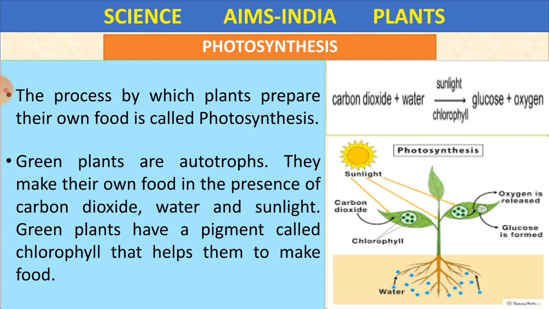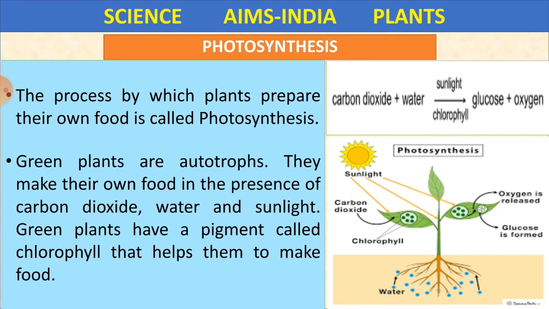And they make their food in the presence of carbon dioxide, the gas in the air which we cannot see. Yes or no, children? Carbon dioxide is a gas in the air, and water and sunlight.